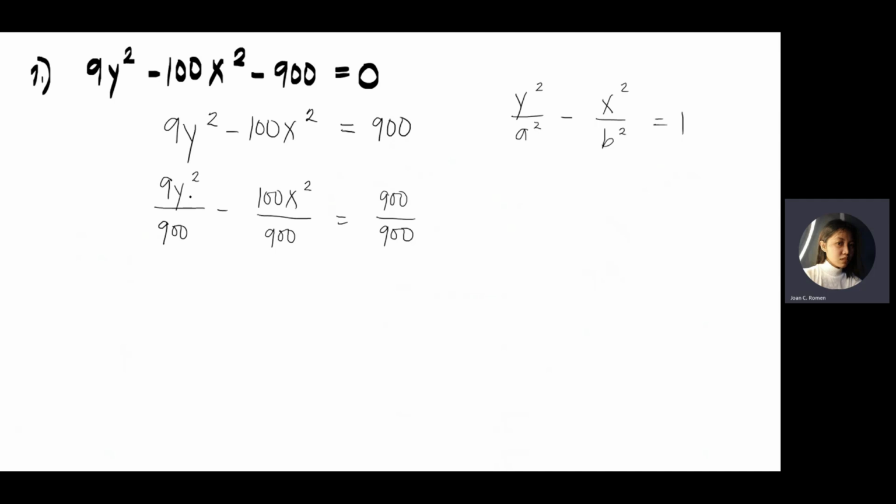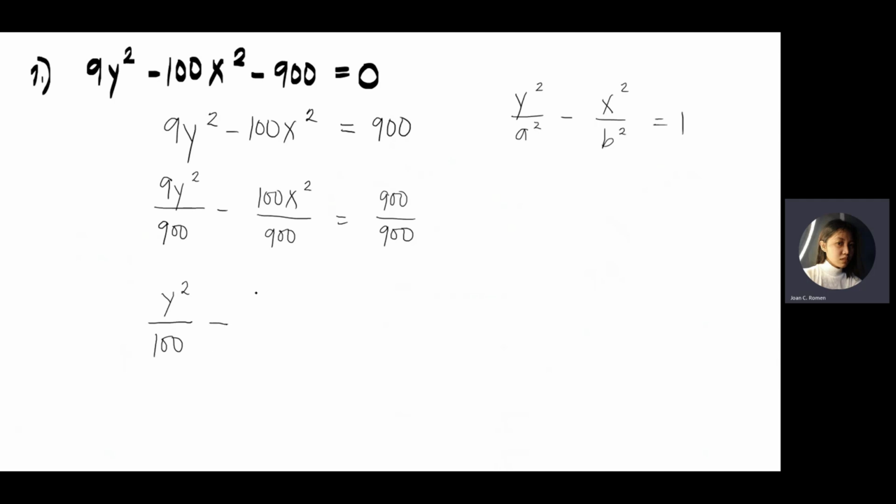So this 9y squared over 900 ay pwede nating isimplify. So 900 divided by 9 is 100. So nasa denominator yung matitira since nasa denominator yung may mas mataas. Okay? And y squared yung matitira sa numerator.